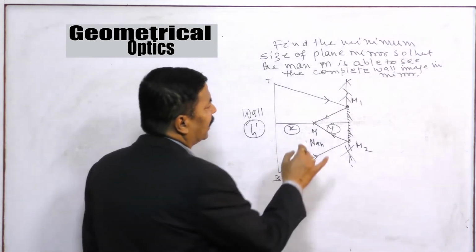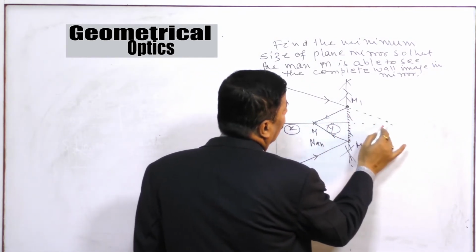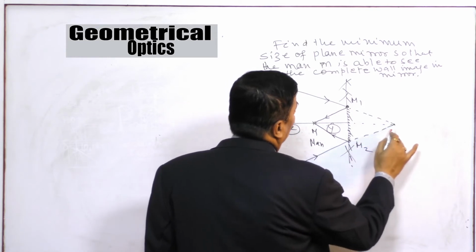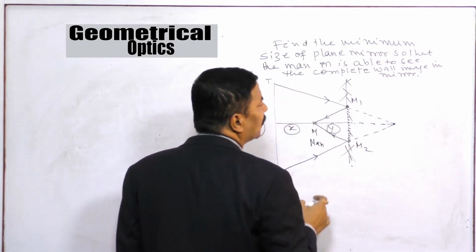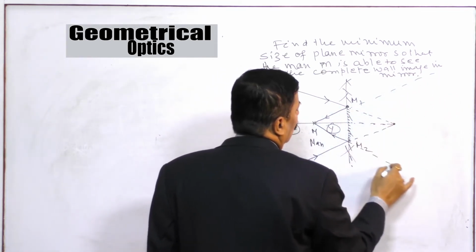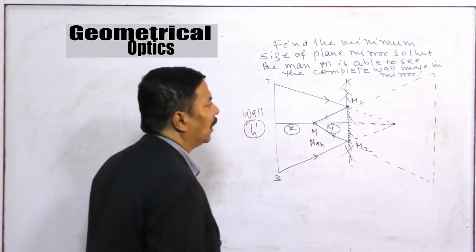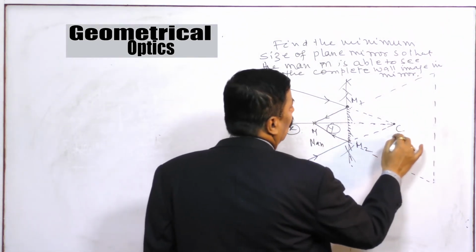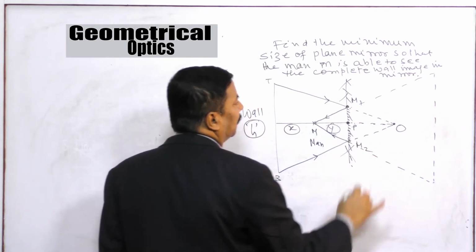How? Here is the man, so its image will be here. This is the man's image, and this will be your wall that we are getting, the complete wall. Take this point as O and this point as P.